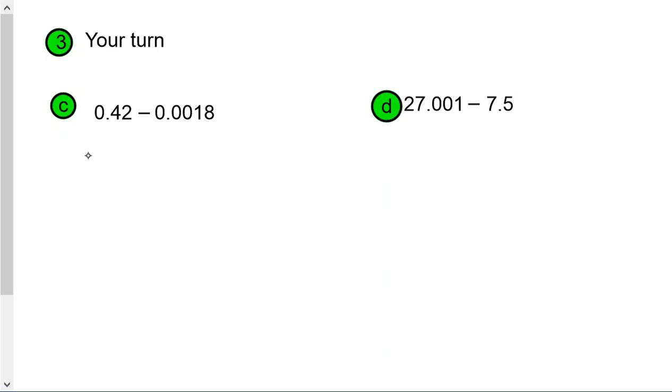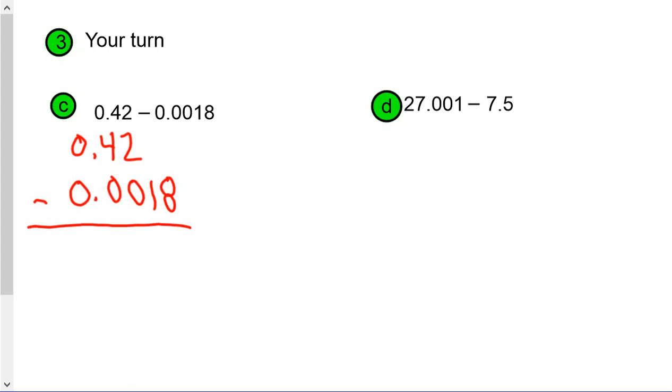Okay, so we got 0.42 minus 0.0018. All right, now zeros as placeholders become more important when we are doing subtraction.